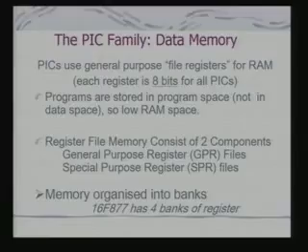Special purpose registers provide a variety of core functions, and here also the memory is organized into banks. If you remember, we talked about the bits in the status register. The 3 bits that I had shown in the status register are used for selection of memory banks.